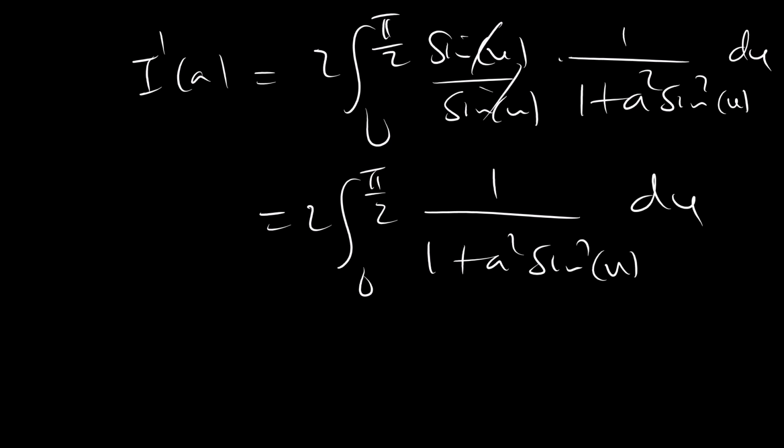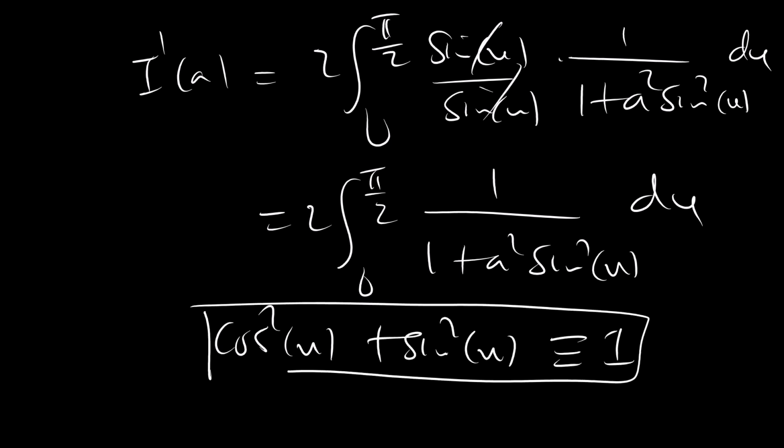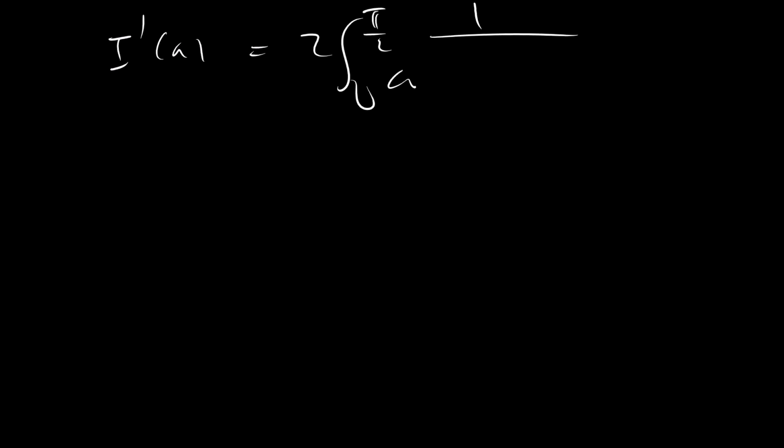And since we know that cosine squared u plus sine squared u is equivalent to 1, using that, we say I prime of a is equal to twice the integral from 0 to pi over 2 of 1 over cosine squared u plus sine squared u plus a squared sine squared u.